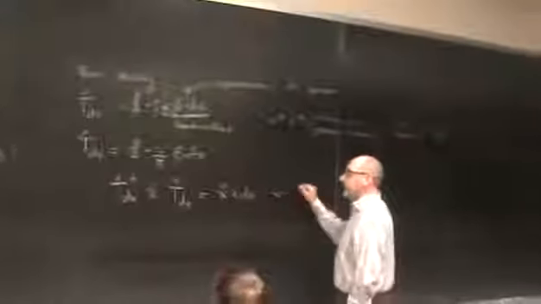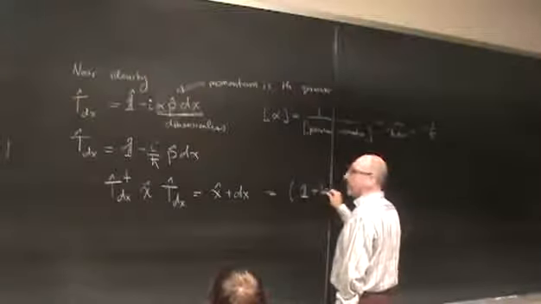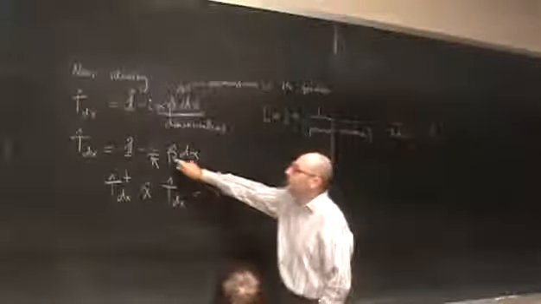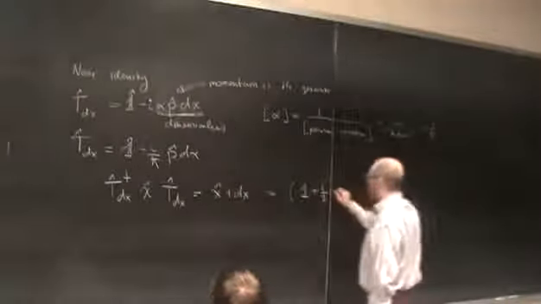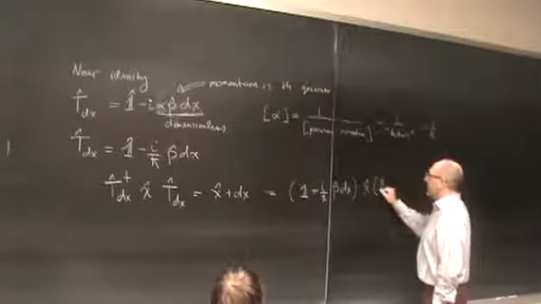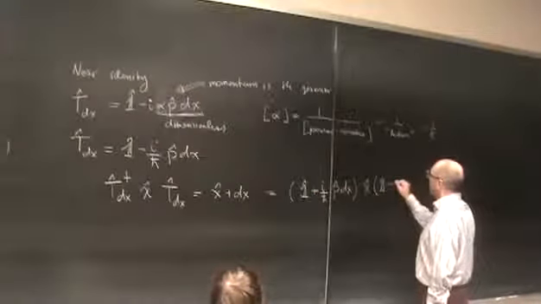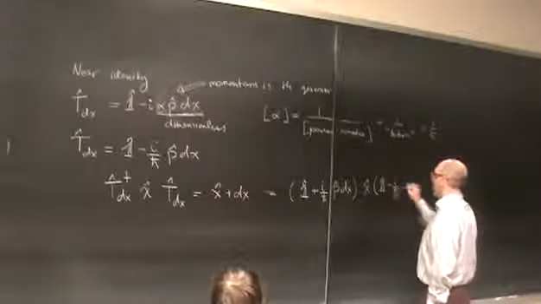That's equal to the identity. The conjugate of this is plus I over h bar. This is a Hermitian operator, so p dagger is p times x times the identity minus I over h bar p times x.